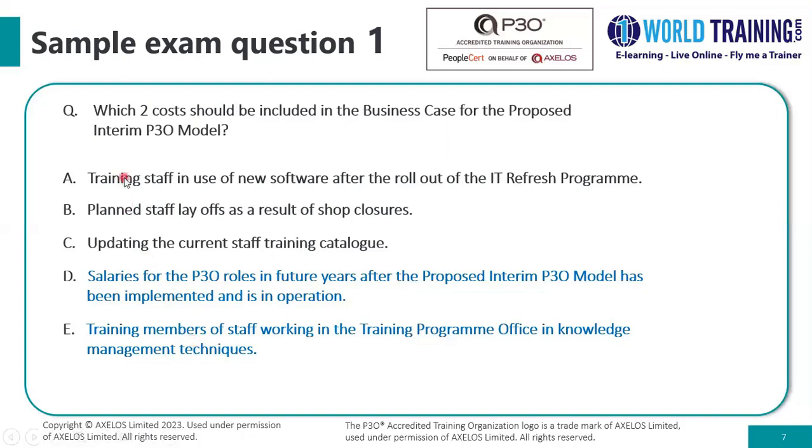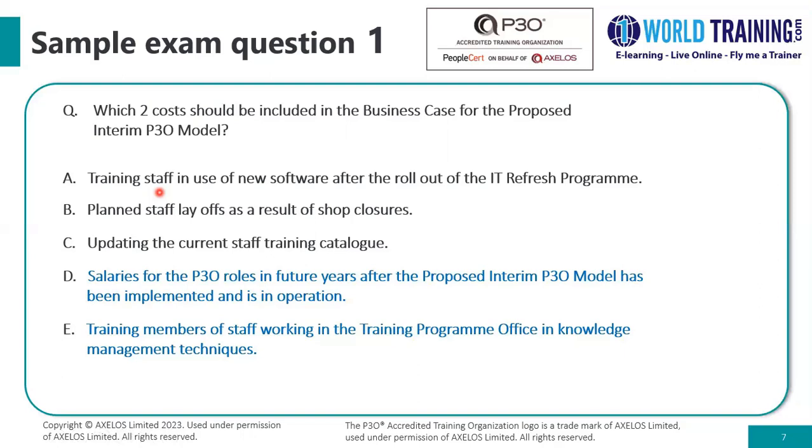Whereas options A, B, and C are either part of the project or program cost or part of the operating cost, but they don't fit into the costs needed to set up a proposed interim P3O model.